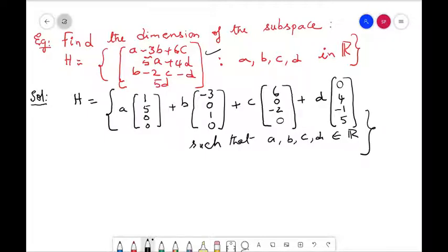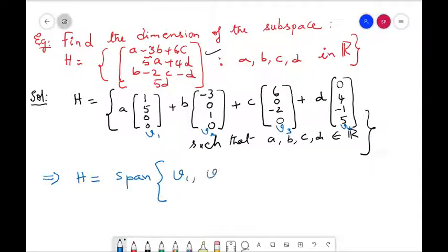So this is H for us. What does this imply? H is equal to the span of these 4 vectors. If I take them as V1, V2, V3, V4, then H is the span of V1, V2, V3, V4.